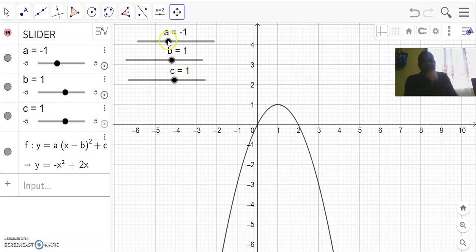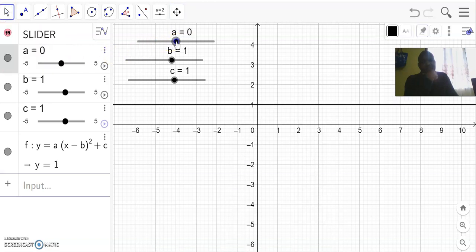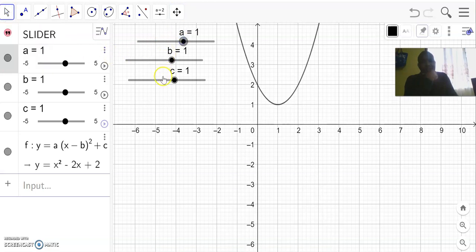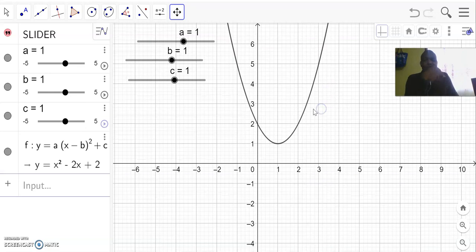Now let's start with A equals 1, B equals 1, and C equals 1. Then what happens? Look at the exploration part.